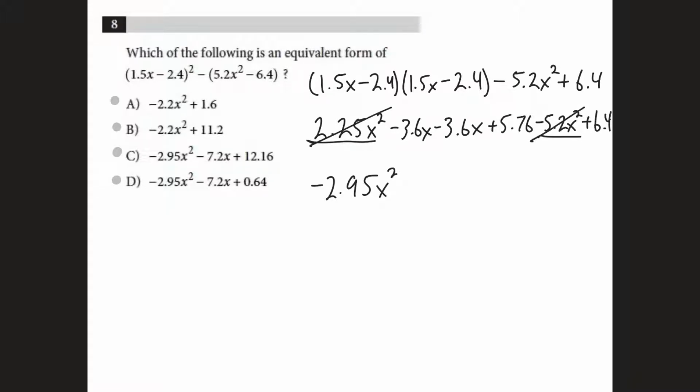Okay, dealt with those. And then I'll look at my linear terms. That's going to be negative 3.6 minus 3.6, which is negative 7.2. Dealt with those. And then I've got 5.76 plus 6.4, that's 12.16. So our solution is going to be C.